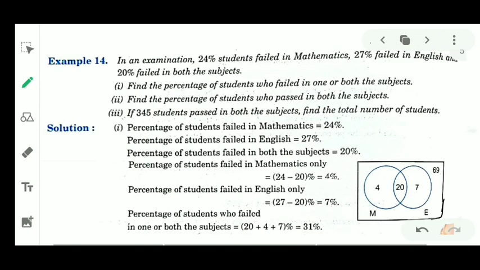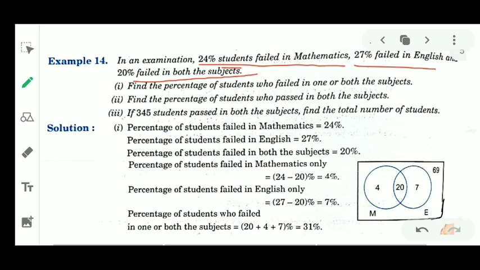Example 14. In an examination, 24% failed in mathematics, 27% failed in English, and 20% failed in both the subjects, that is mathematics and English.